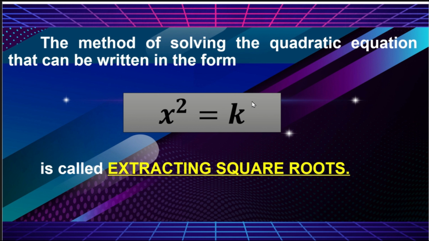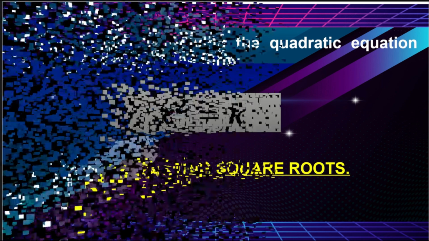So, if the linear term is lacking, you are going to use extracting square roots if you are asked to find the roots. So, if ang imuhang given equation is ingani, wala siya linear term, then gipapangita ang values of x, then you are going to use extracting square roots.